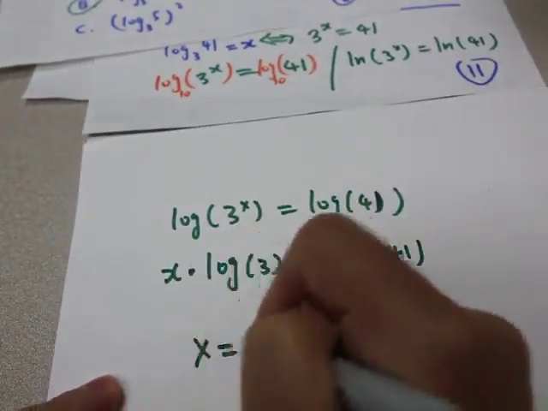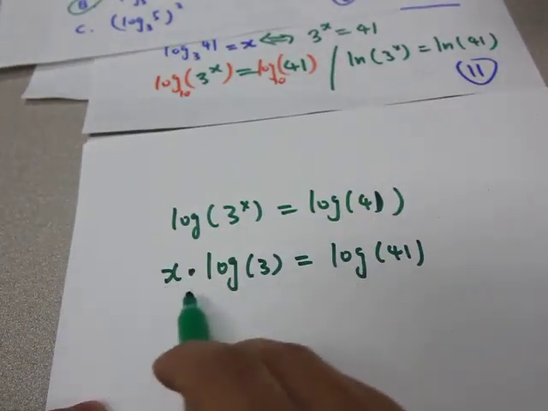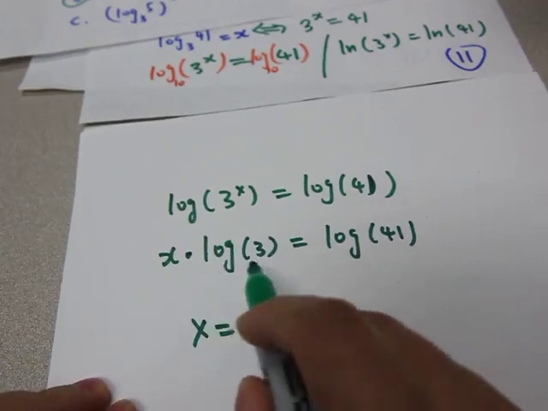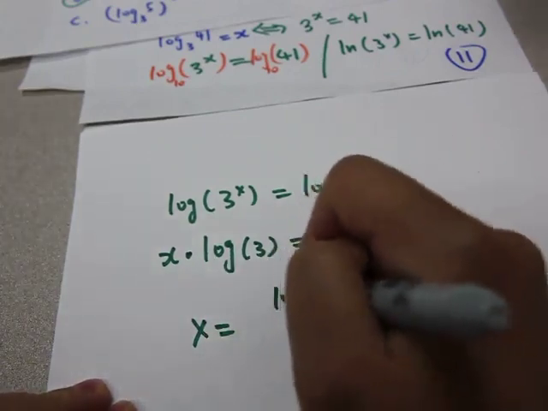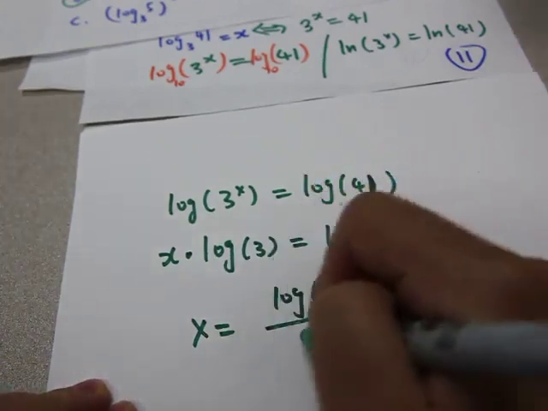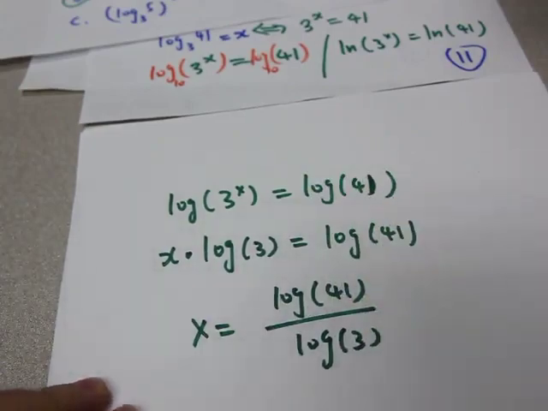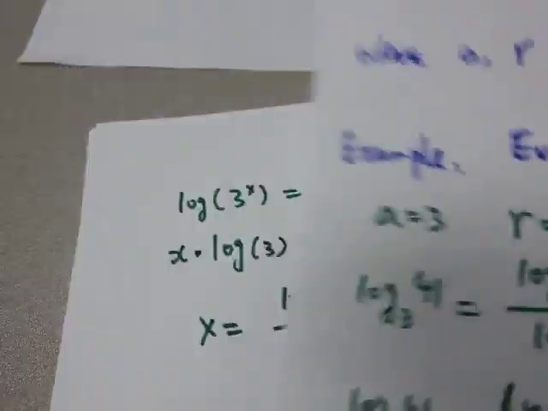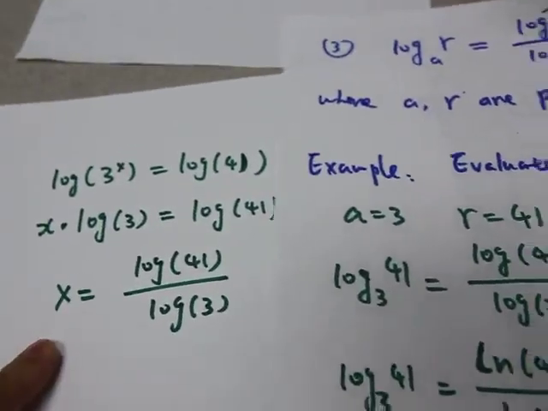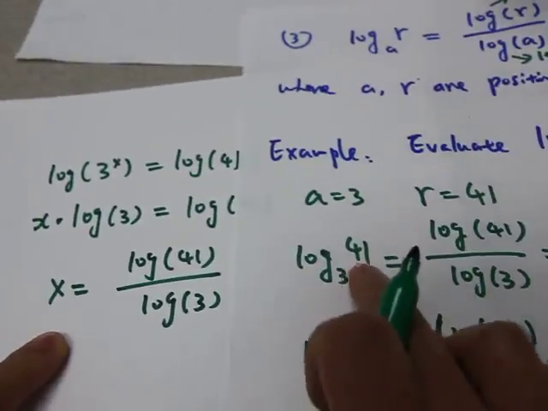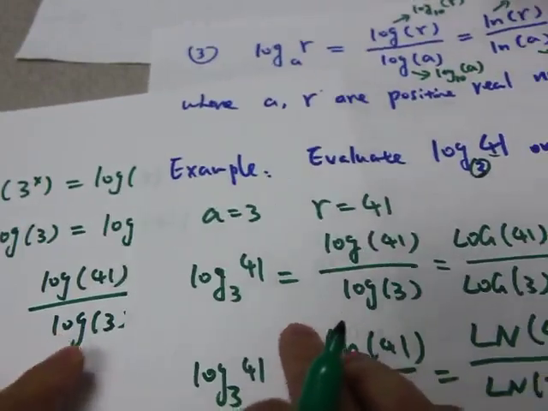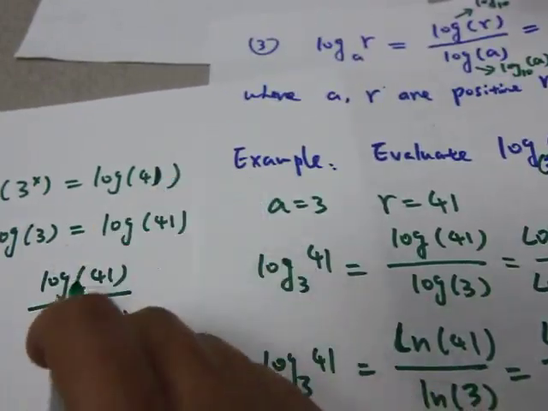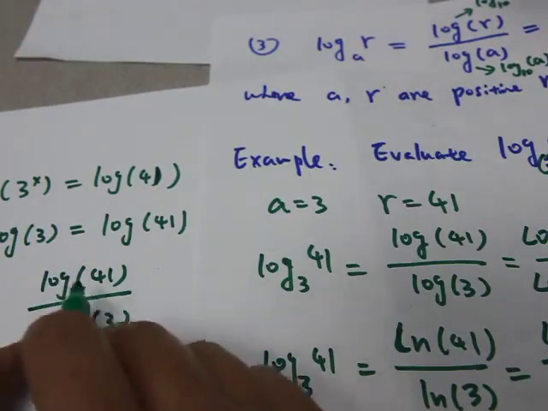To solve for x, we divide by log of 3. So that's why, to find what log 3 of 41 equals, we can find it by calculating the ratio of these.